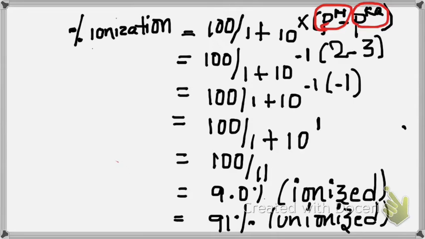So the left side of the equation remains the same. x is minus 1 for acids, whereas x is equal to plus 1 for bases.